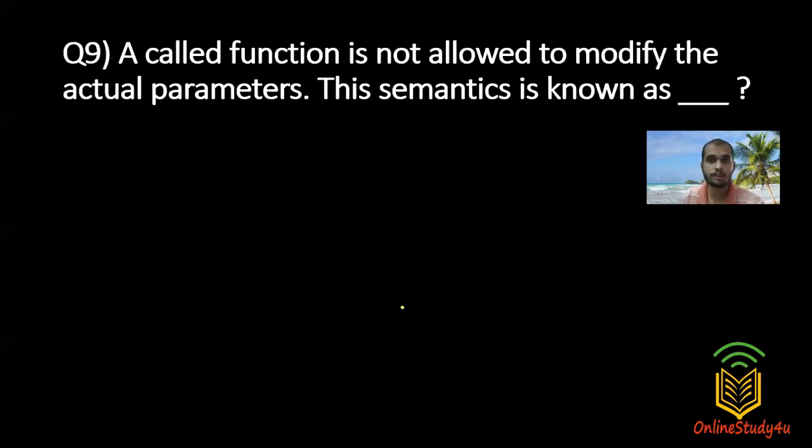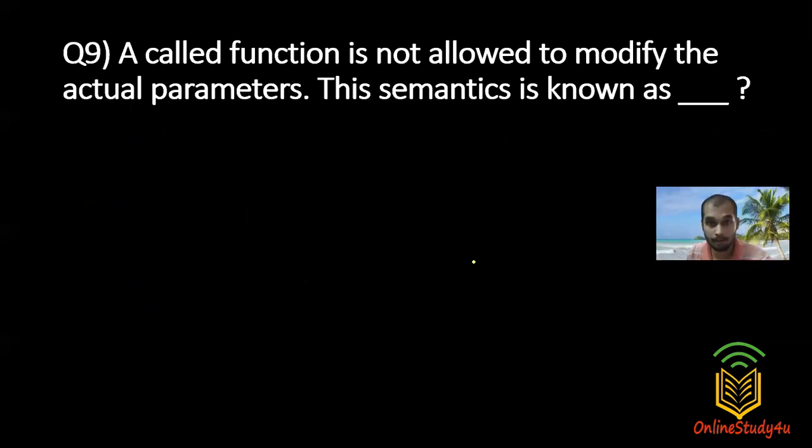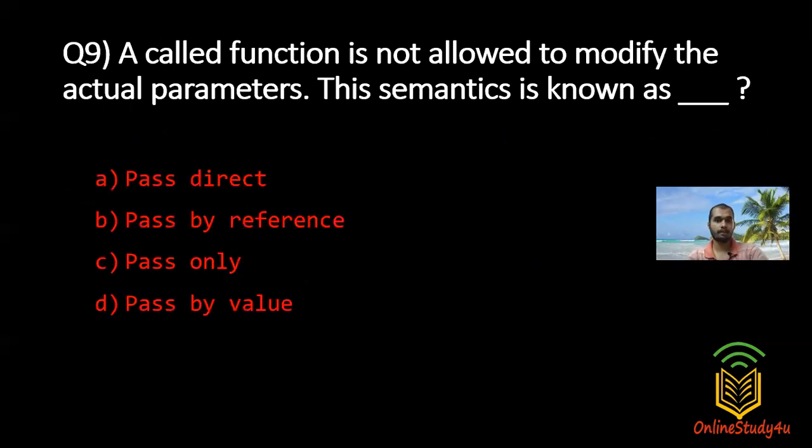A function is not allowed to modify the actual parameters. This semantics is known as option A, pass direct, option B, pass by reference, option C, pass only, option D, pass by value. It's a common question. The answer is pass by value. What they are actually saying is, in a main function, let's suppose you make a function call, my fun.